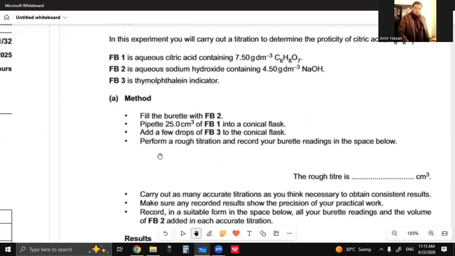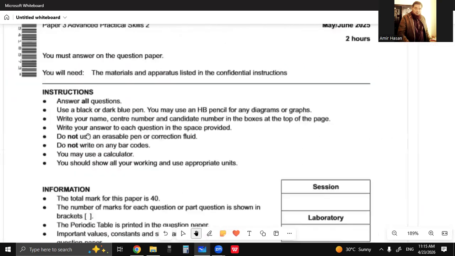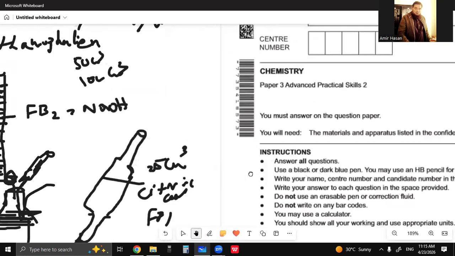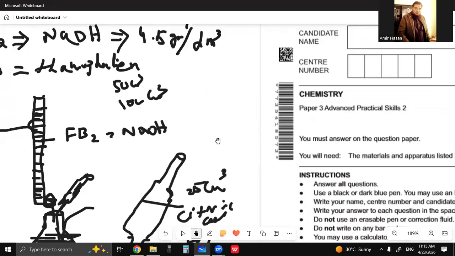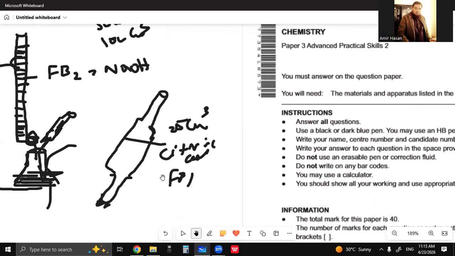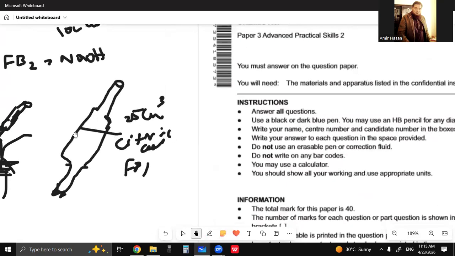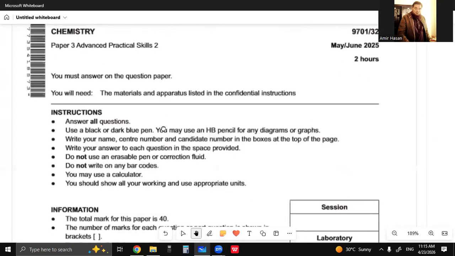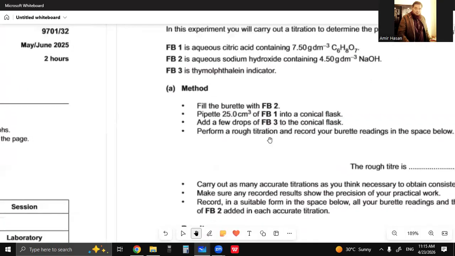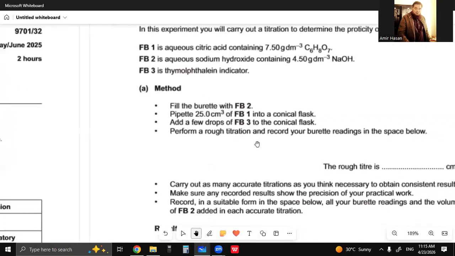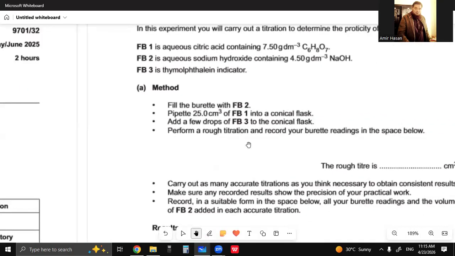We use this one, okay? FB2 sodium hydroxide in the burette, and in conical flask, citric acid, and in pipette, citric acid. We fill first pipette, then we put it into the conical flask.